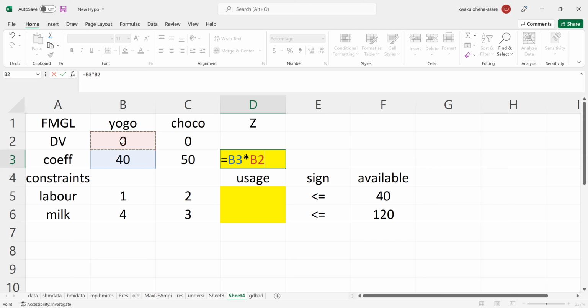The moment you do that, a dollar symbol will appear in front of the B and in front of the number 2.